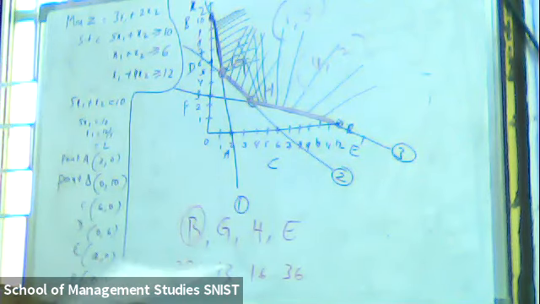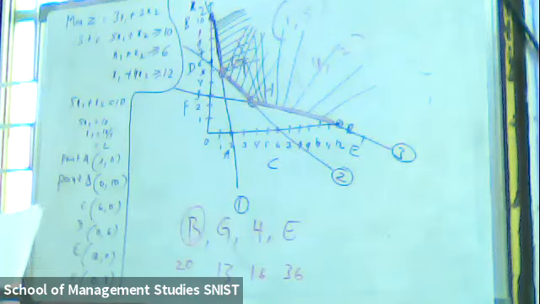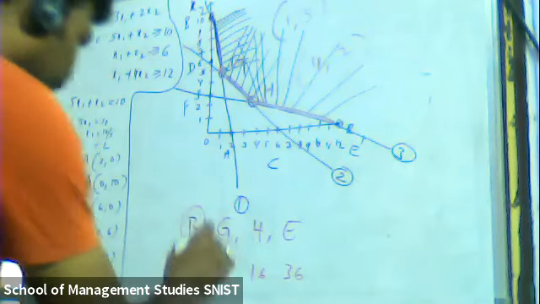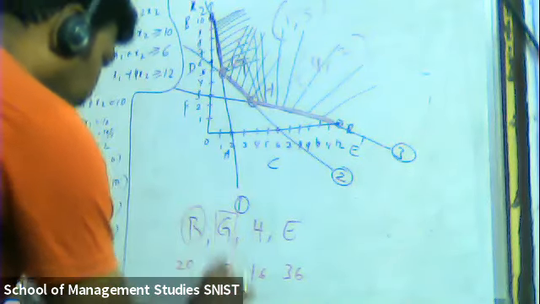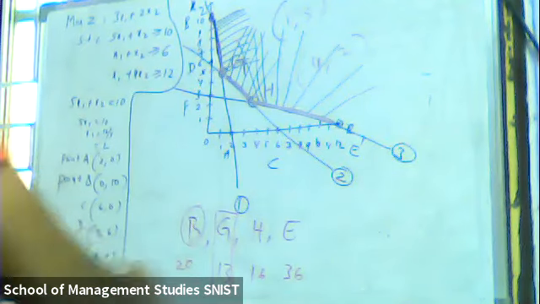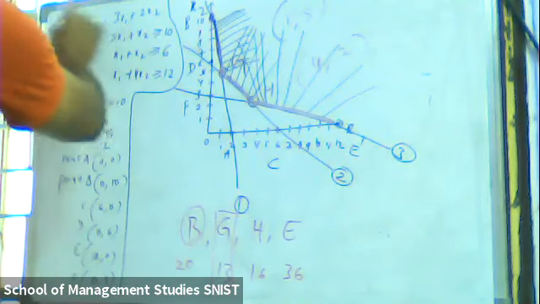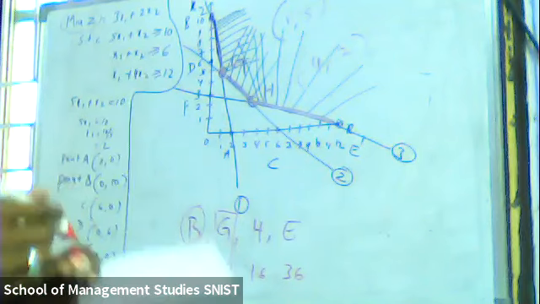So which one are you going to consider? 20, 13, 16, 36? 13. Why 13? Minimum cost. Minimizing, yes, minimize. Exactly. So you need to consider G. Why are you considering the minimum value? Because the objective function is a minimization.